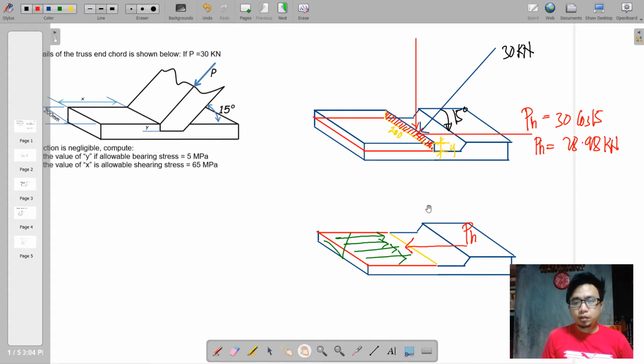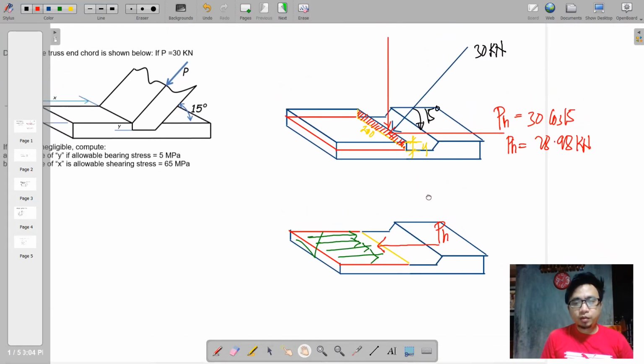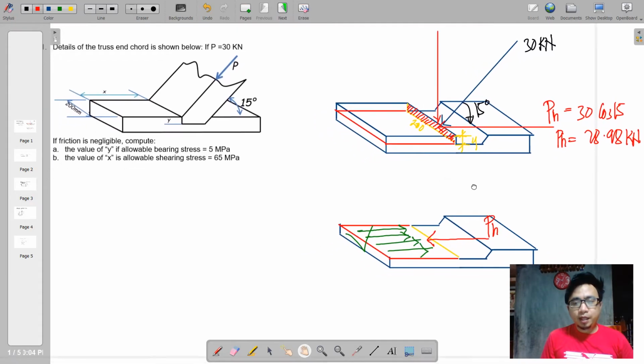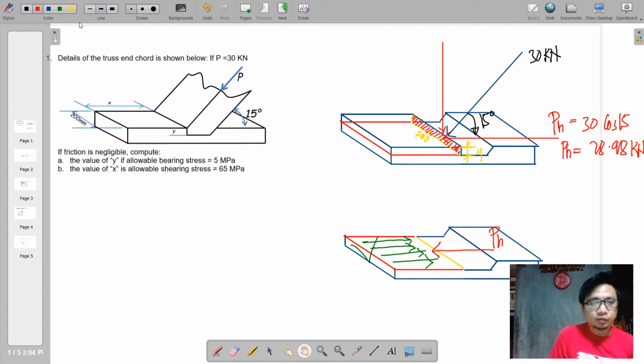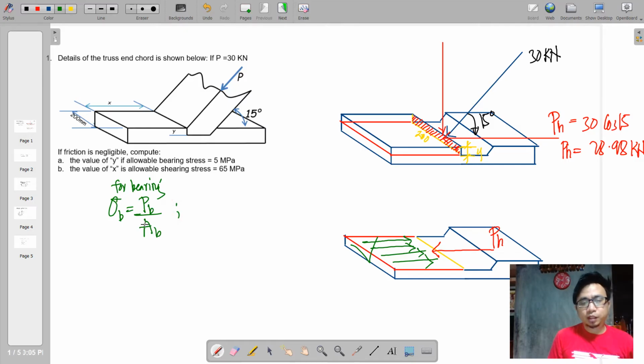Now that we have obtained that value, we can apply the bearing stress formula. Say for bearing, we have sigma is equal to P all over A. The bearing force is substituted as well as the bearing area.